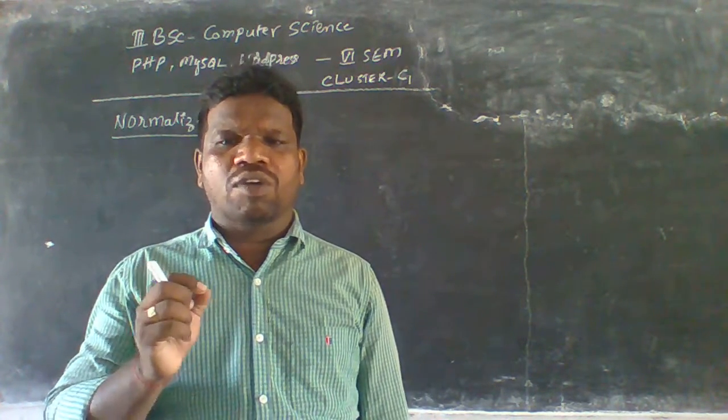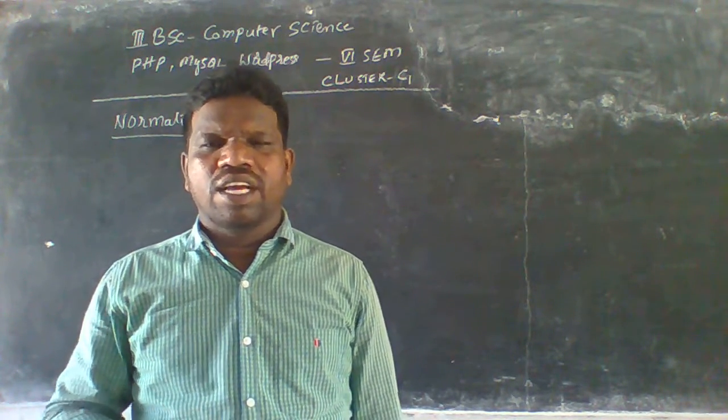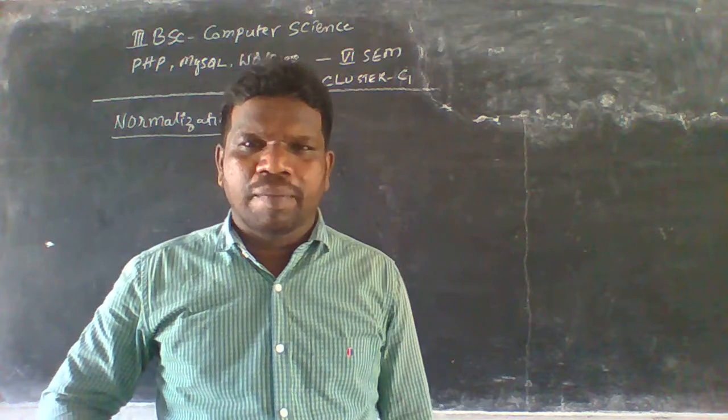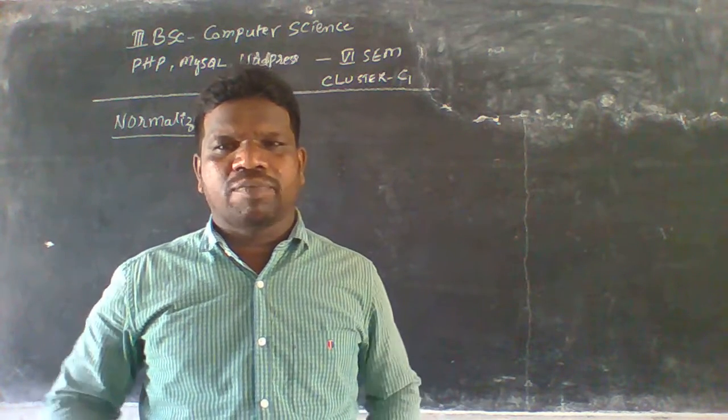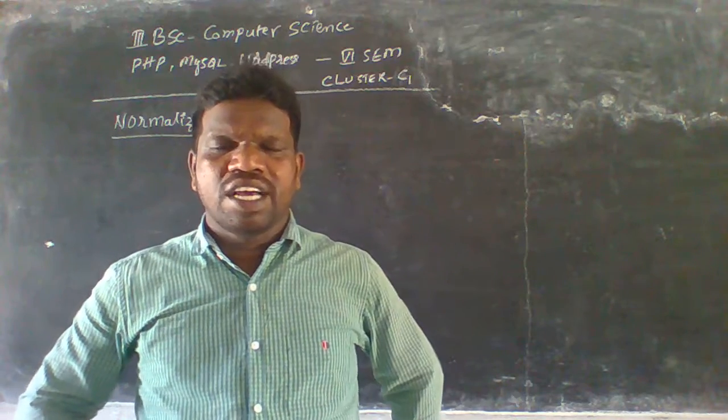Normalization splits the large tables into smaller tables. That way we can easily understand the table content, because it is split into smaller parts. Smaller tables are easily understood by any user.